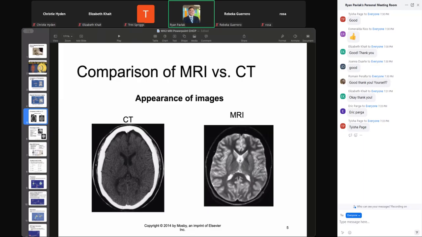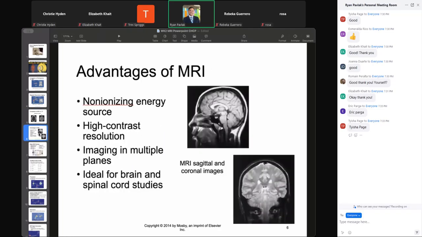So on the MR image here, you can see the dark and the gray matter, and you can see the blood vessels, and you can actually see nerve fibers running through different parts of the body. It's an absolutely incredible modality.